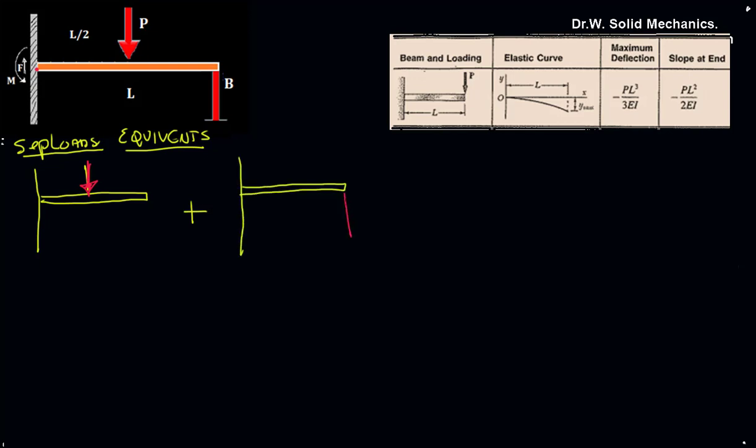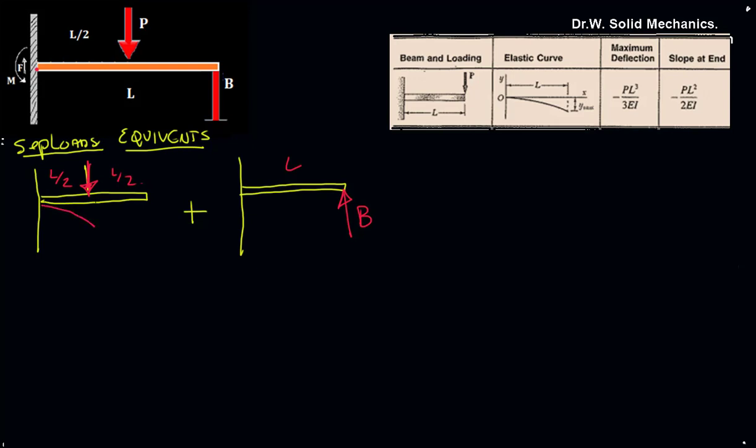Let's separate the loads into an equivalent. So we have our beam with a centrally acting load plus a load B acting out here at the end, where this would be L, and this is L on 2, L on 2. And our deflection curve, we know, looks like this.